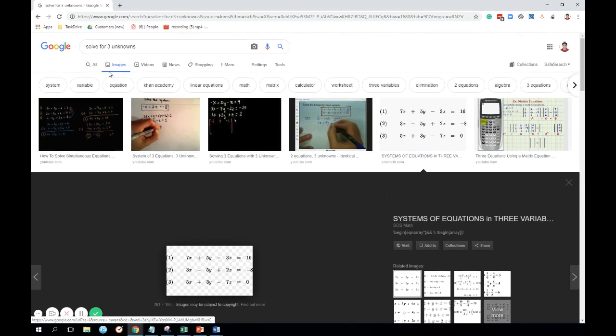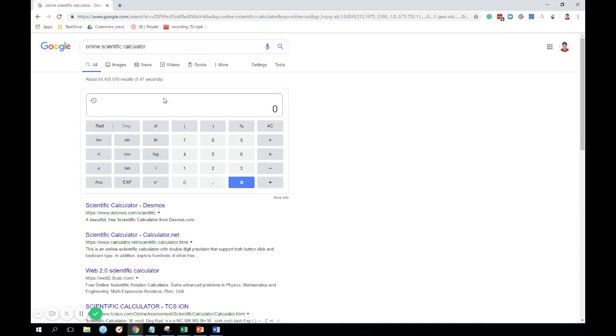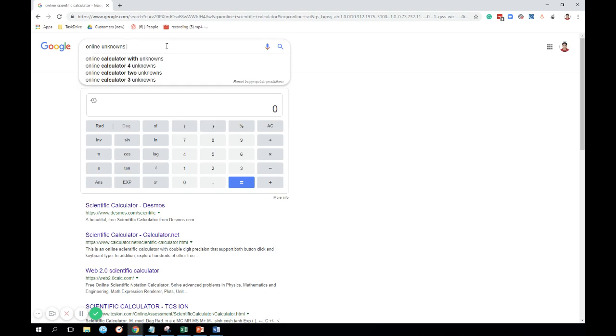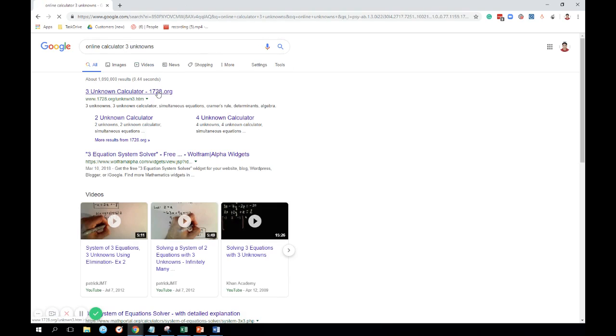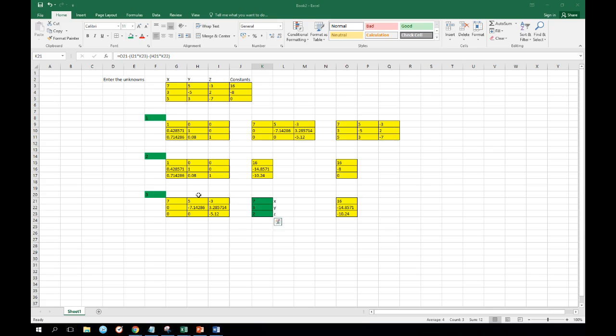Now, let's go ahead and use an online scientific calculator. Let's look for an online calculator with 3 unknowns. So this is an online calculator. We can enter here the values that we found here.